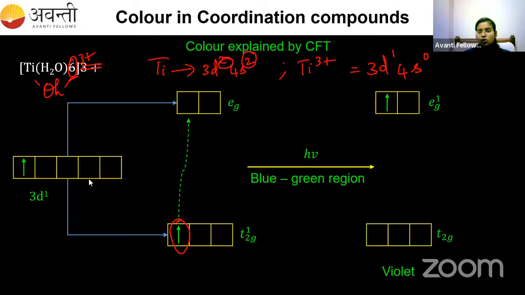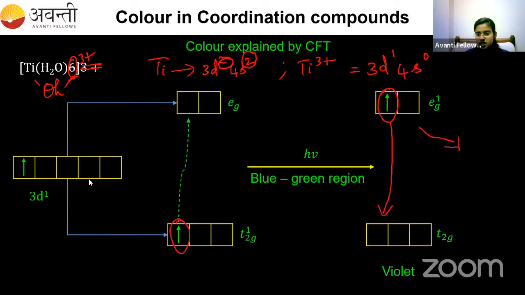Now what will happen? The energy which has been absorbed by the electron will be released by that electron. The same amount of energy which it has absorbed will be released, and this electron will come back to its original position.